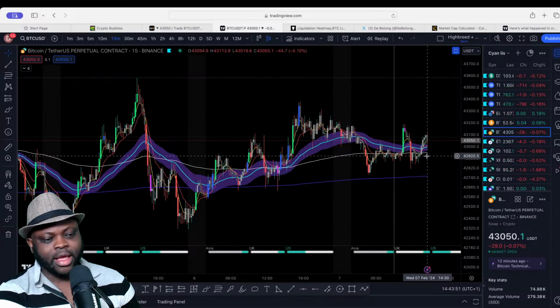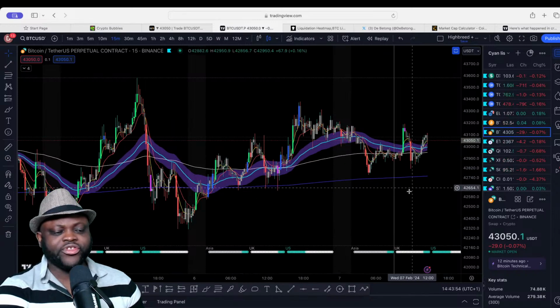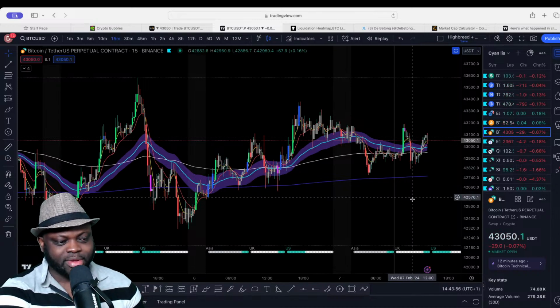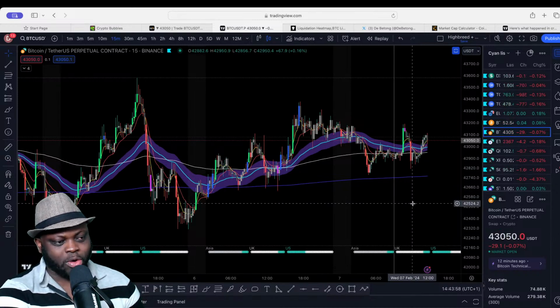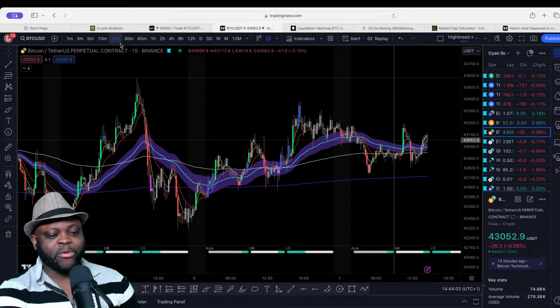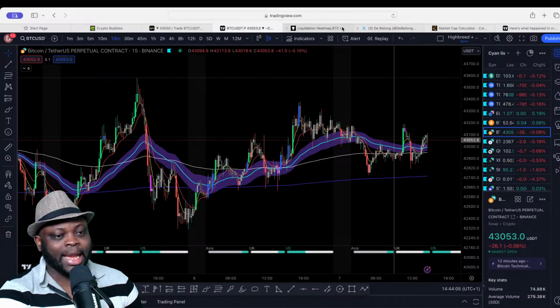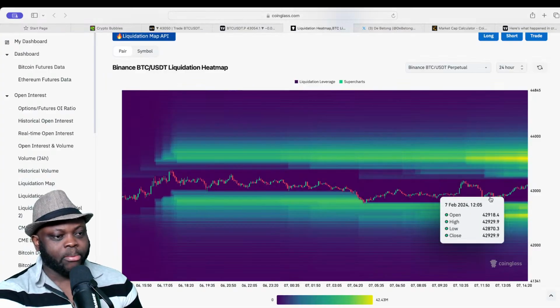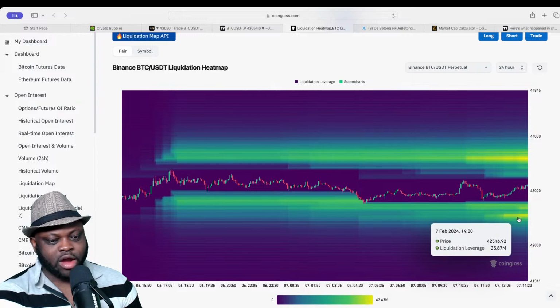So if structure is broken, like price moved downwards and broke this structure, it means they are going to favor price more downward to reclaim the liquidity below this level. This one here around 42,000, this is around 42,400 or 500 area. So they are going to bring price there.